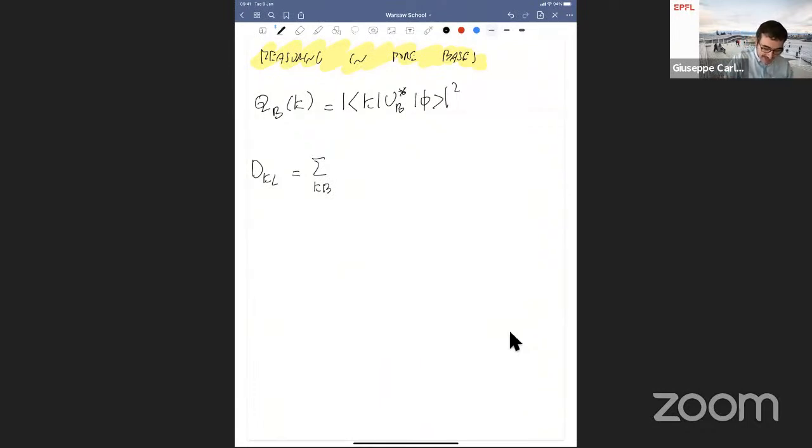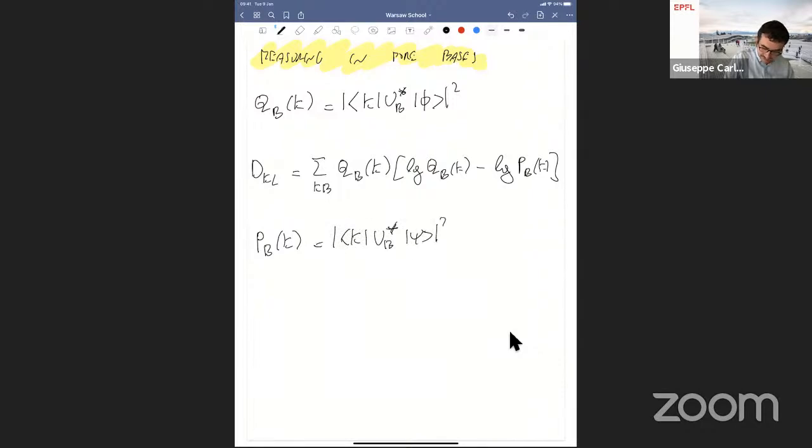So there's a sum over k and B of Q_B(k) times the log of Q_B(k) minus the log of P_B(k), where I've defined my model, the distribution in this new basis, simply as the application of this unitary U onto my variational state psi, with some normalization.